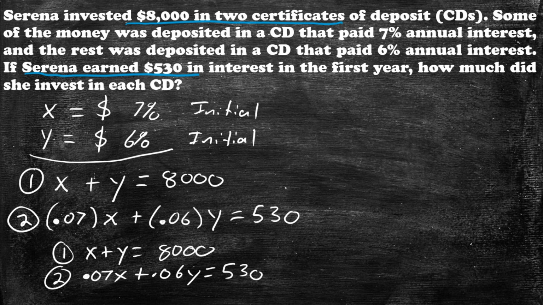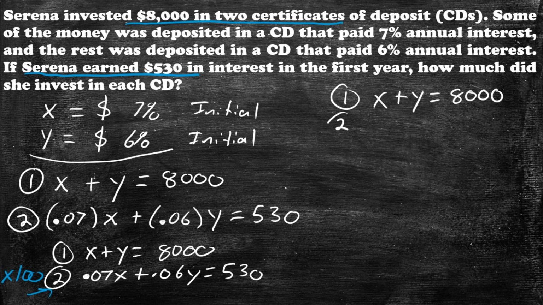And I'm not too big of a fan of decimals, so what I want to do is multiply equation number 2 by 100. All right, and that way we can get rid of the decimals. So I'm going to rewrite equation number 1, which is x plus y is equal to 8,000.